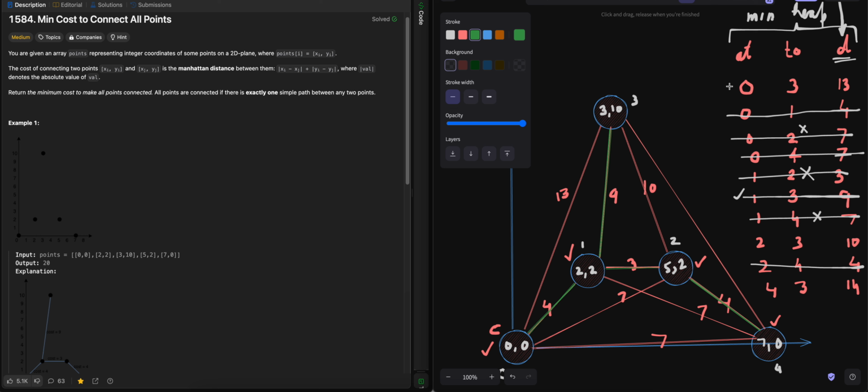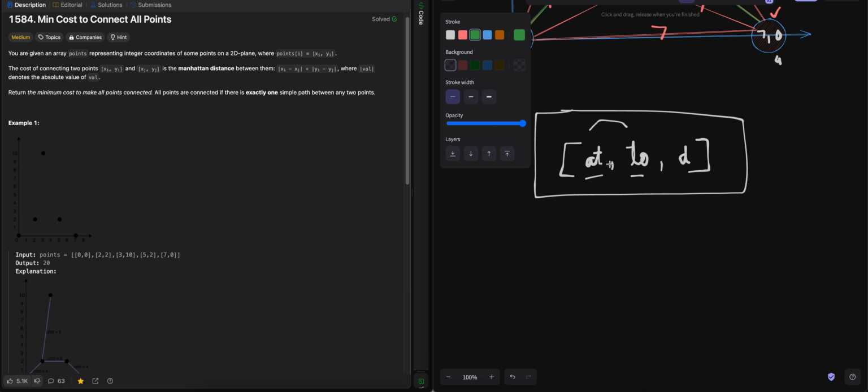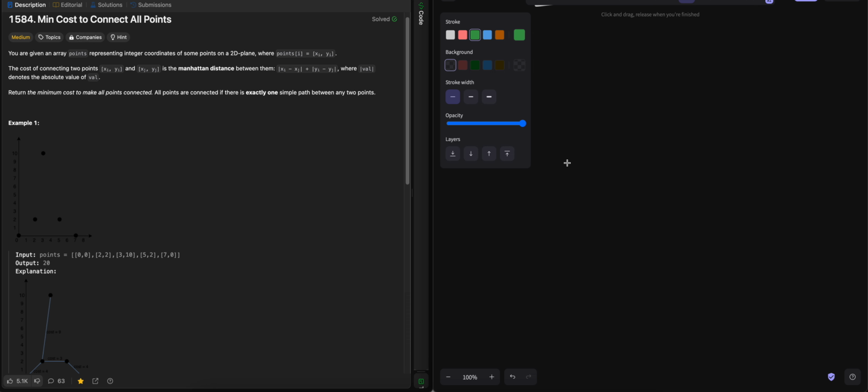So what about them? We need to know how many edges represent a minimum spanning tree. Let's say there are two vertices, v1 and v2 in our graph. Only one edge is required.